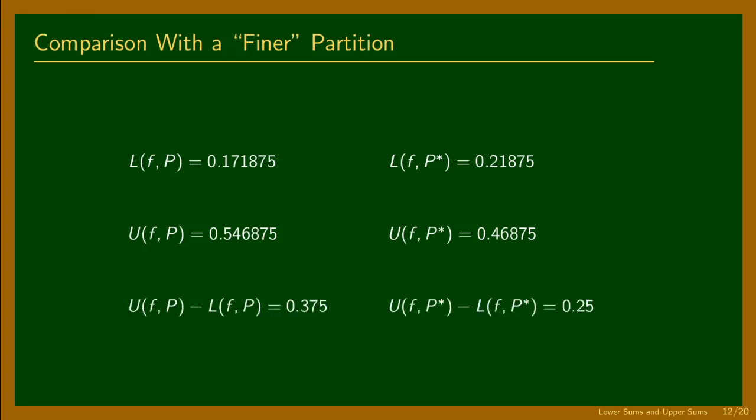And as a consequence, since your lower sum increased and your upper sum decreased, their difference will get smaller. So from 0.375, it became 0.25. Again, the lower sum became larger, the upper sum became smaller, so of course their difference is smaller. This is actually a particular case of a more general result.